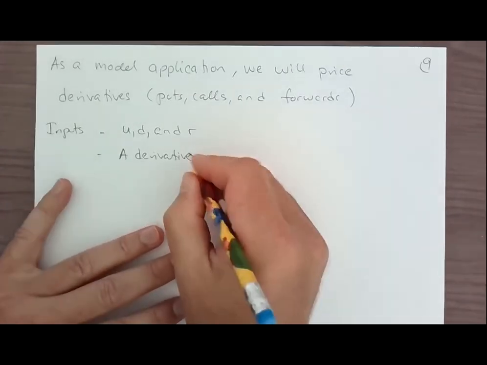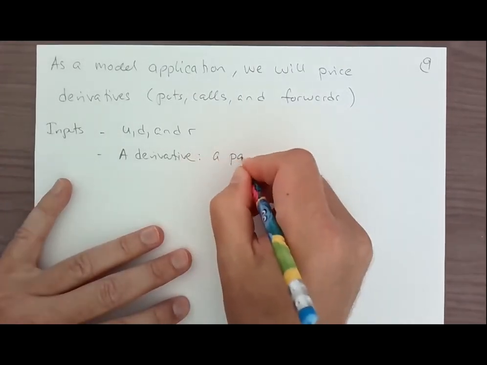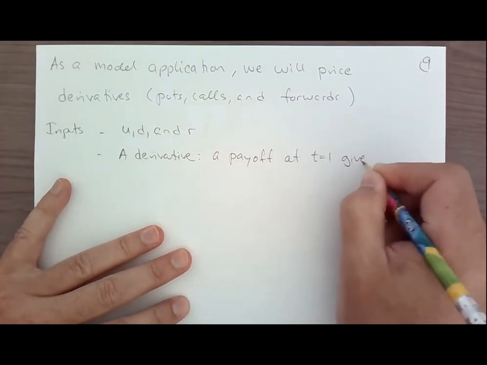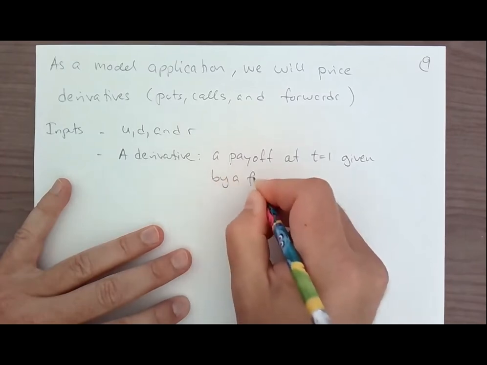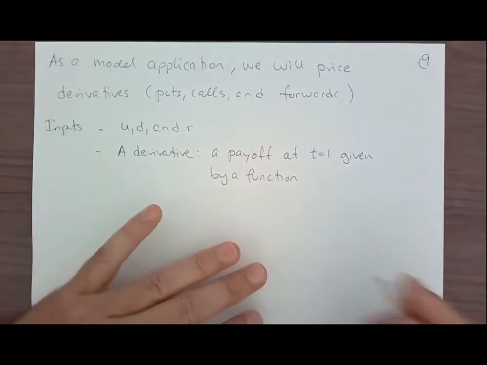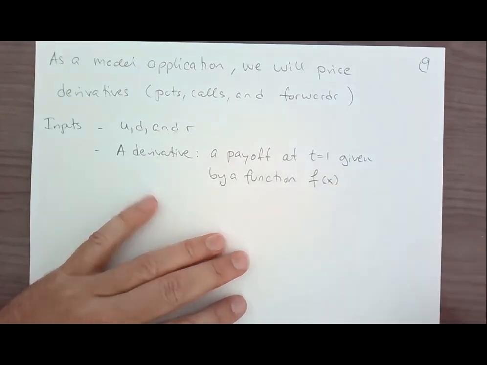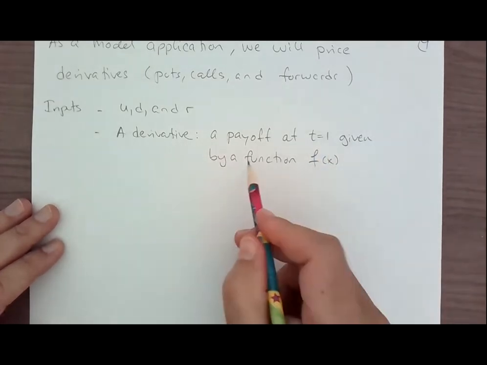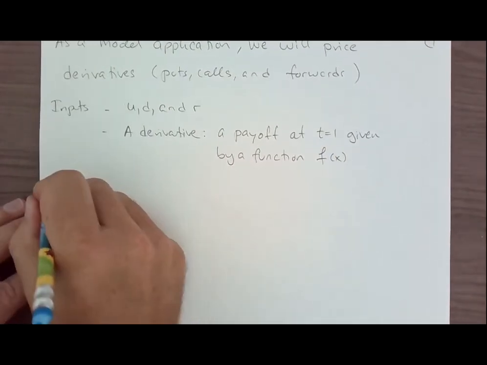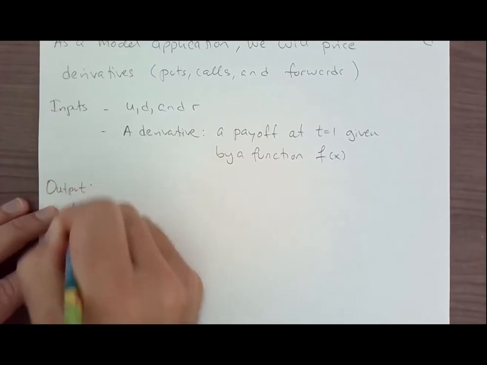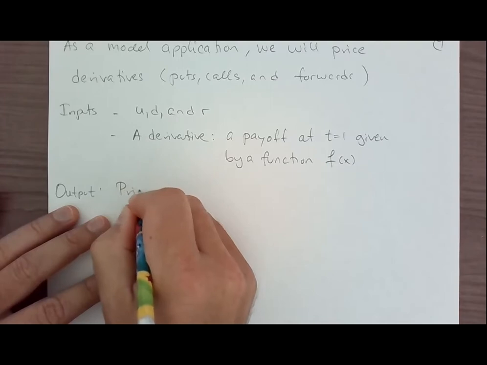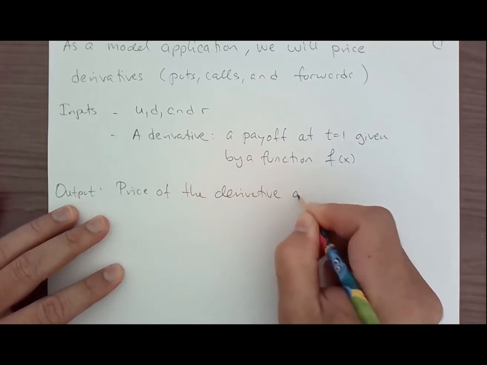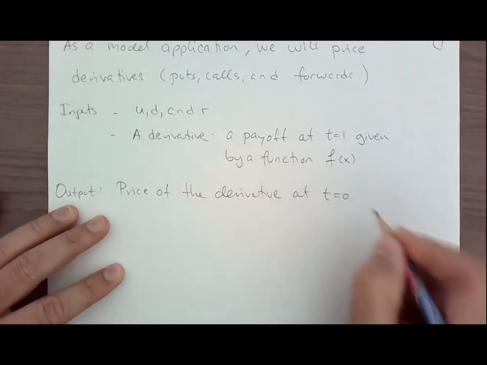This is a payoff at time 1 given by a function f of x. A derivative is a payoff that is given by a function. So these are inputs, and your goal is going to be to create the price of the derivative, not at time 1, but at time 0.